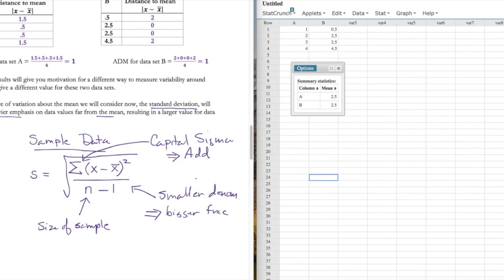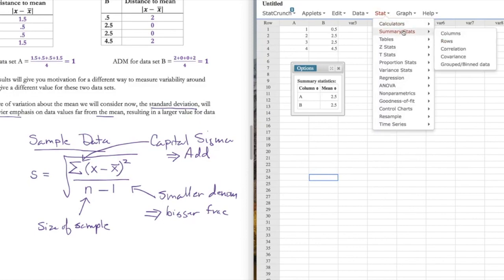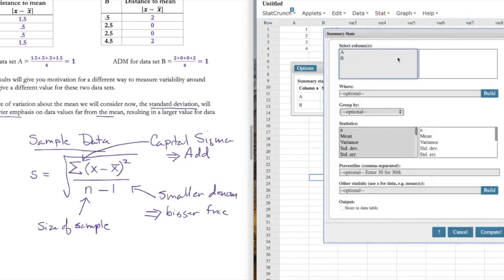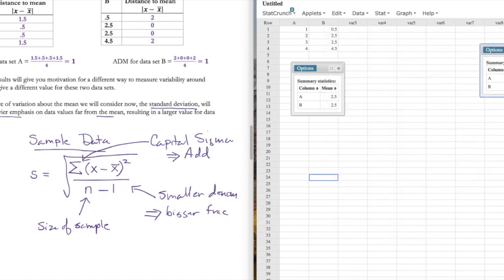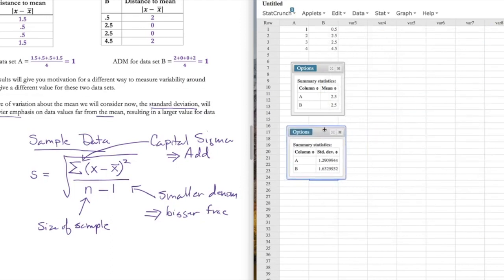Okay, let's just take a quick look in StatCrunch and see how this is going to work. Stat, summary stats, columns. Just like we did for our measure of center earlier. I want to use both columns A and B, and I want the standard deviation. Compute, and there we have it.